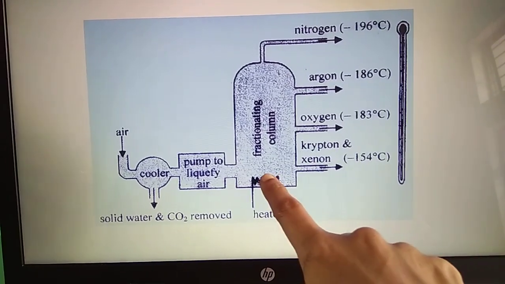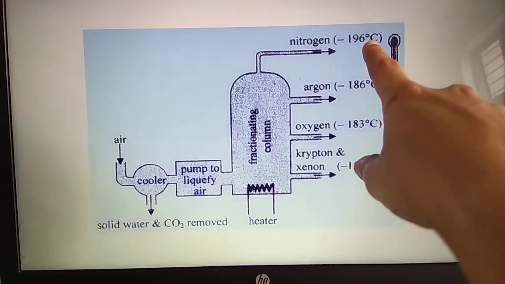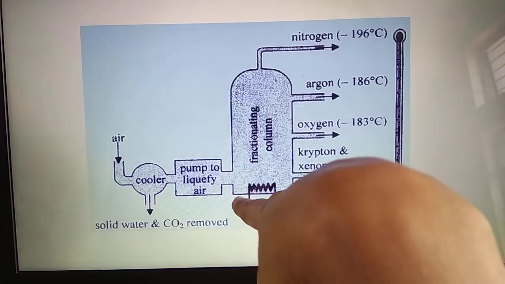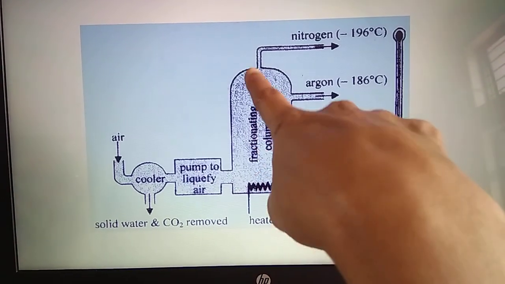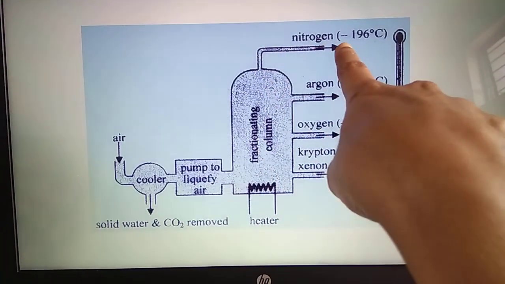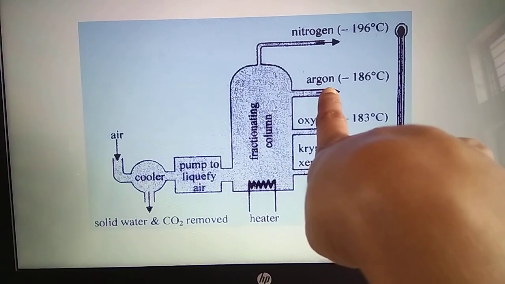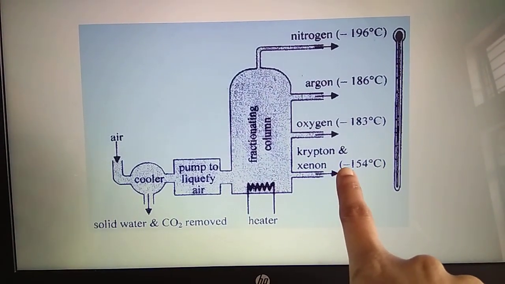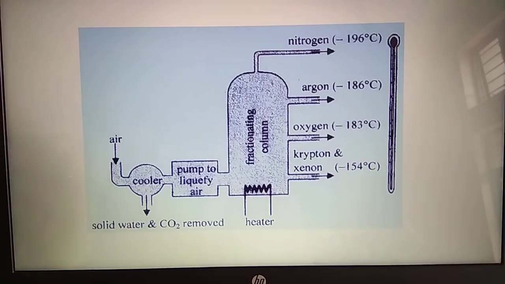So first nitrogen, which has the lowest boiling point, minus 196 degrees Celsius, will form vapor, move up and be collected in the top part. Next argon, then oxygen and then krypton, xenon, etc.